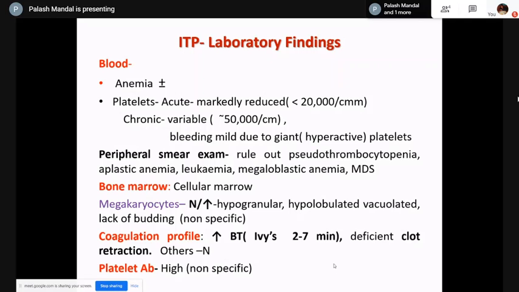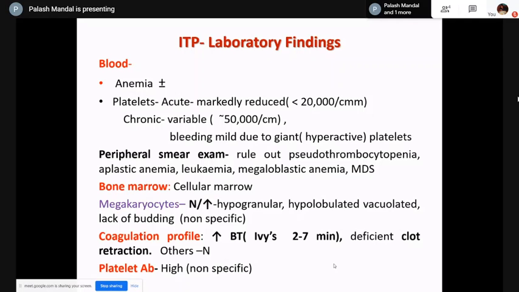So before the laboratory findings, we have to take the patient's detailed history. These days the doctors are very busy seeing n number of patients, whether it be a government hospital or a private clinic. So the doctors pay less heed to the clinical history, which is very, very important, I tell you.